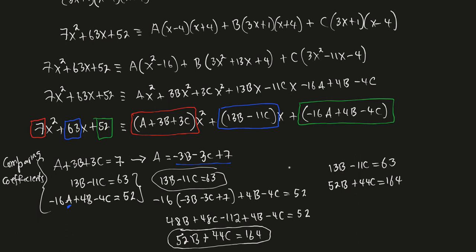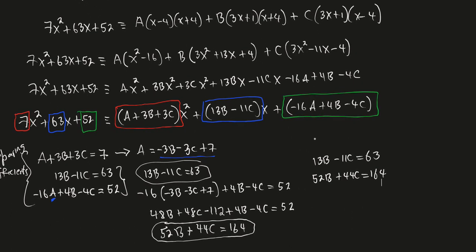Well, again, I could do something similar, or I could use another procedure, and if I multiply the top equation by 4, right? And if I add, that will eliminate the c's, right?